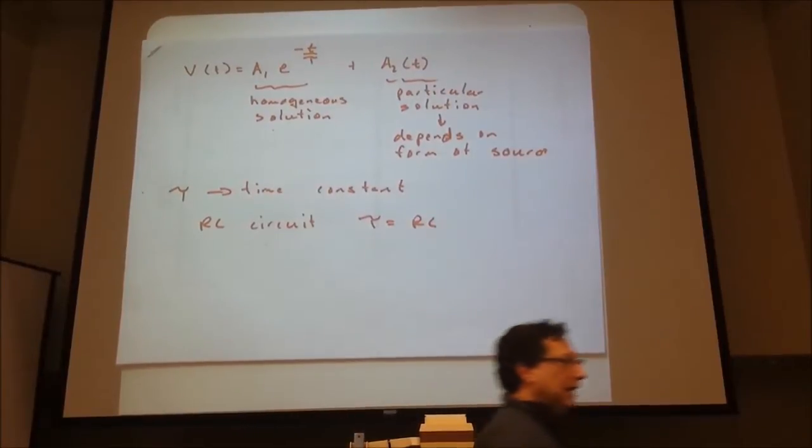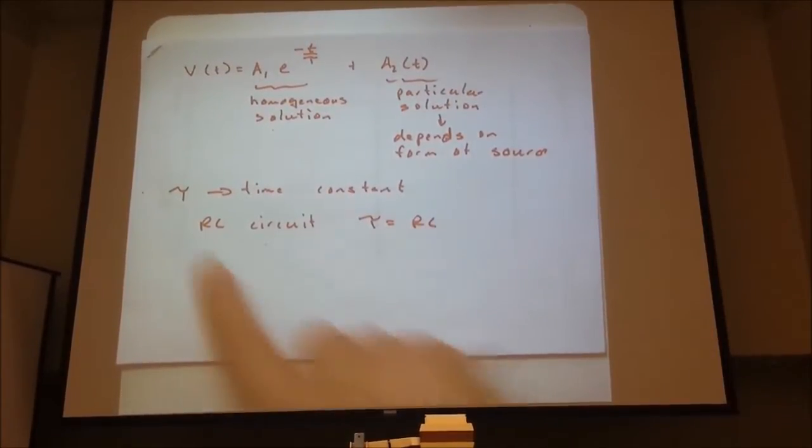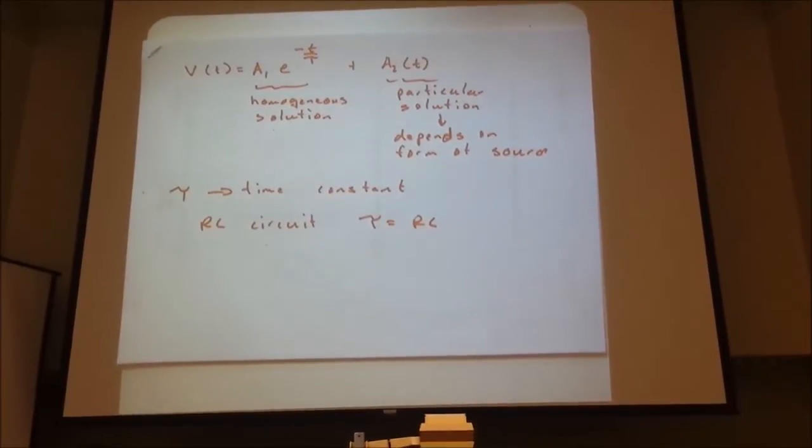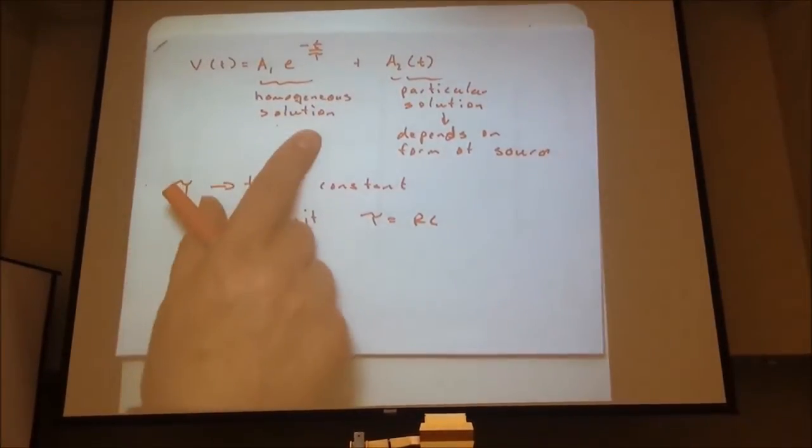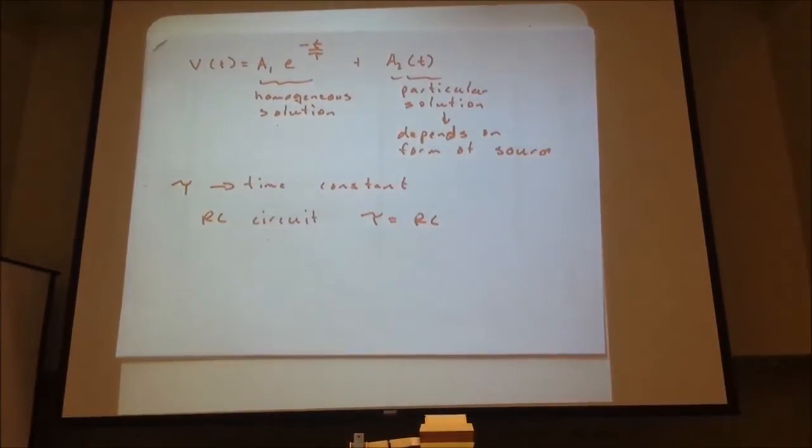You'll frequently see tau. It means time constant, so just in case you haven't seen that before, we want to introduce that to you. And we'll look at the RL time constant as well when we get to that. So every solution form for the first order takes a homogeneous and a particular solution.